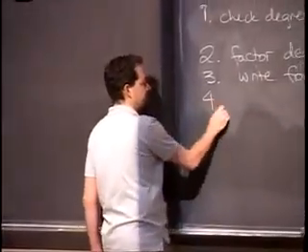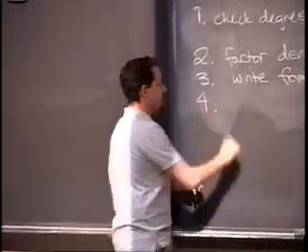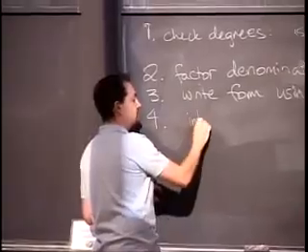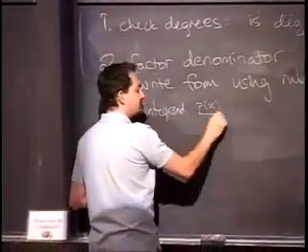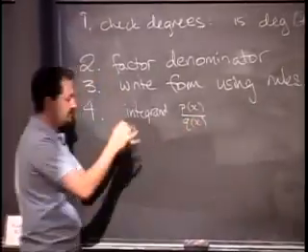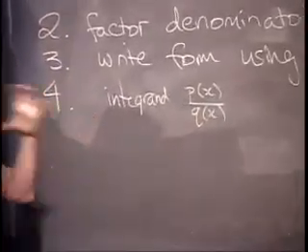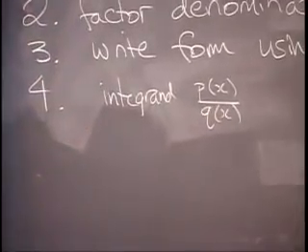Step 4. Write down the integrand, that's the integral p of x over q of x. It's the integral without the dx bit, just the bit inside the integral, equals the form.